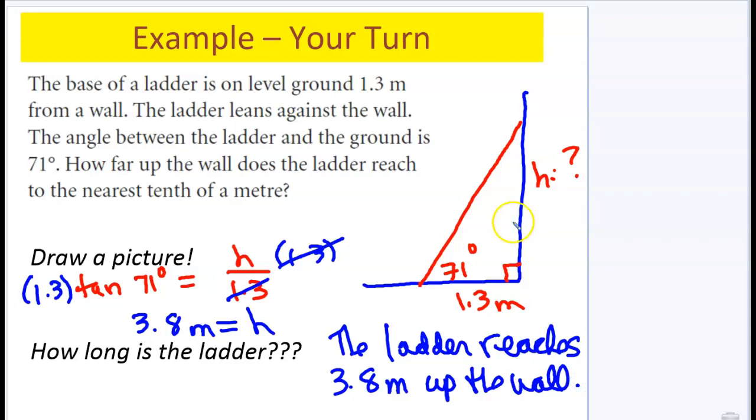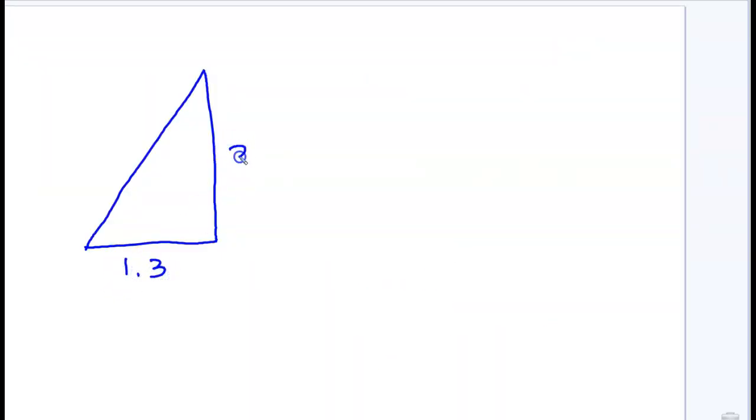Now the next question, as you see right here, it says, how long is the ladder? So right now this side here is 3.8 meters. So again, we could use Pythagoras' theorem. We will learn a new way coming up forward, but right now we'll just use Pythagoras' theorem. So again, if you recall, this was 1.3, this was 3.8, and those are both in meters.